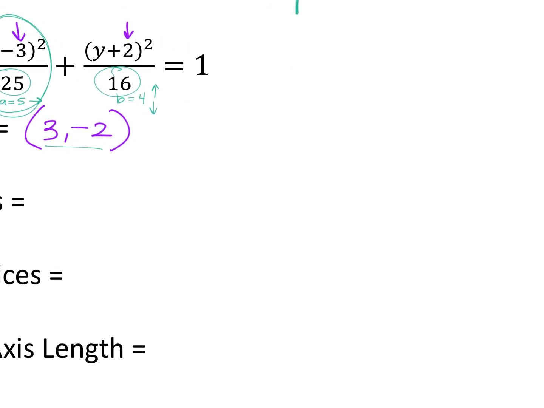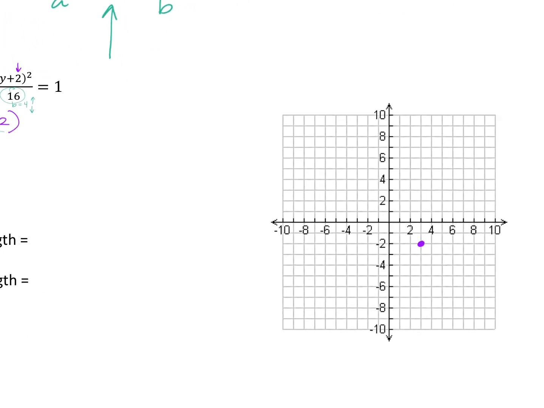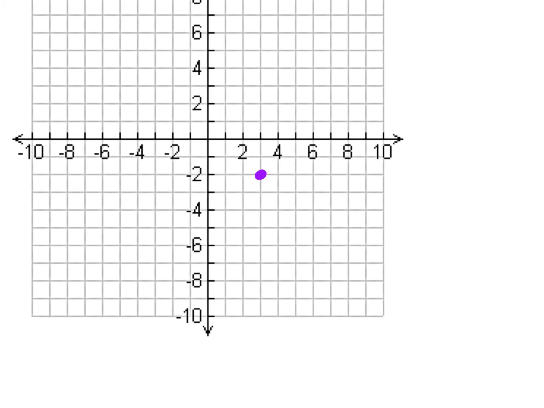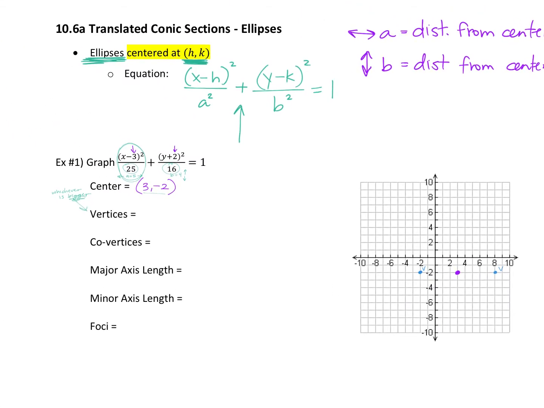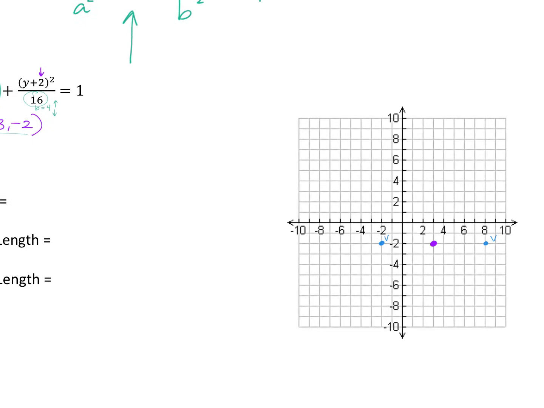So if you are a visual person, come on over to the graph here. If my a value is 5, that means I'm going 5 to the left. 1, 2, 3, 4, 5 from my center. Okay, so this is one vertex, and 5 to the right. 1, 2, 3, 4, 5. This is my other vertex. Okay, we said our b value is 4.